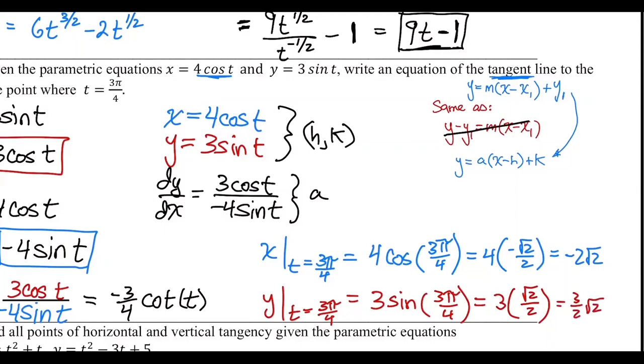I kind of like it coefficient first, then radical, but there are different schools of thought on that. So we got that part. So we have the x1, the y1, or the h and k, depending on which one you subscribe to. And then now we just need the slope.